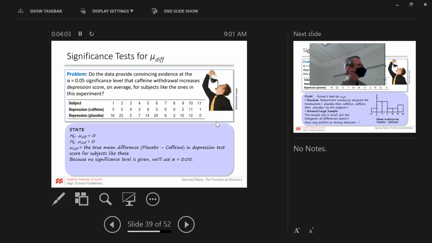So what's the null? The null is that there's 0 difference between the two scores, whether you got the placebo or you got the caffeine. You gotta be careful. It's a one-tail test. It's a one-tail test because you're testing to see if the depression score goes up when you get caffeine as opposed to getting the placebo. Or I'm sorry, the other way around, right?